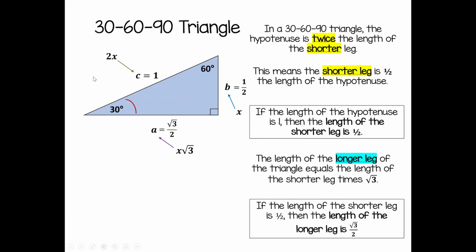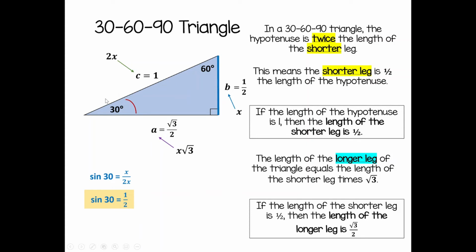So now let's look at this 30-degree angle measure right here, and I'm going to talk about the sine of this 30-degree angle. Remember SOHCAHTOA: sine is the ratio of the opposite over the hypotenuse, which means I've got the sine of 30 to be x over 2x, which simplifies to 1/2.